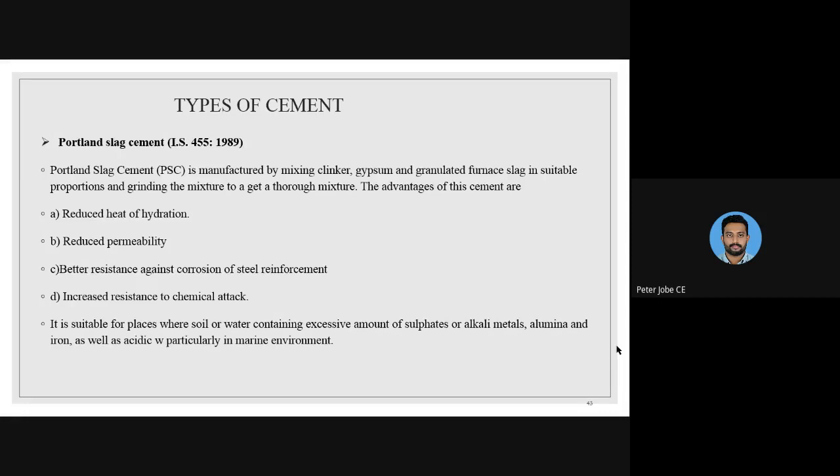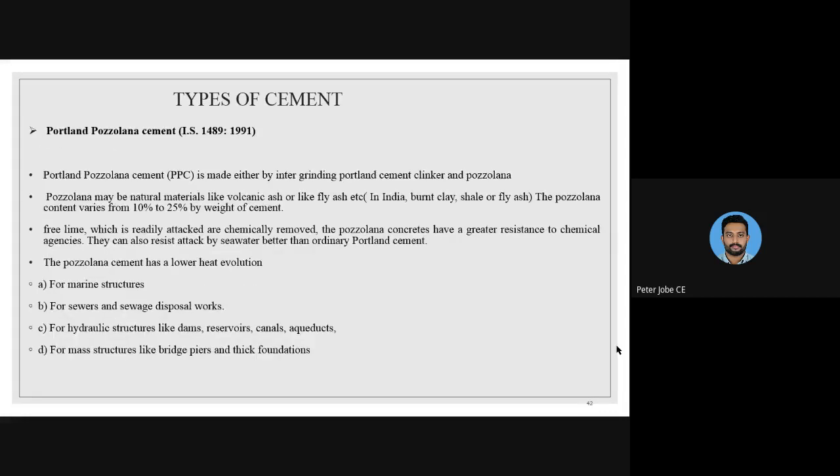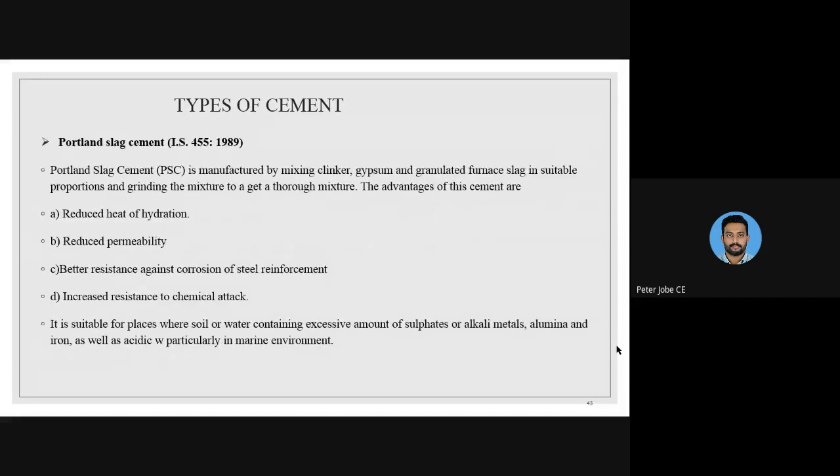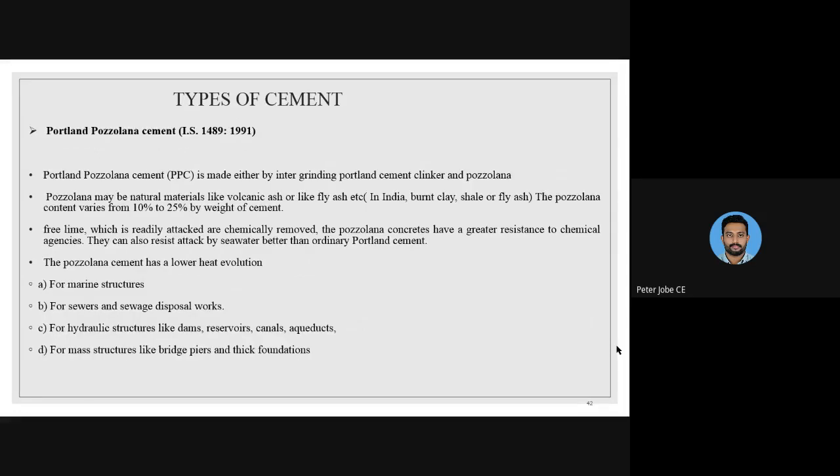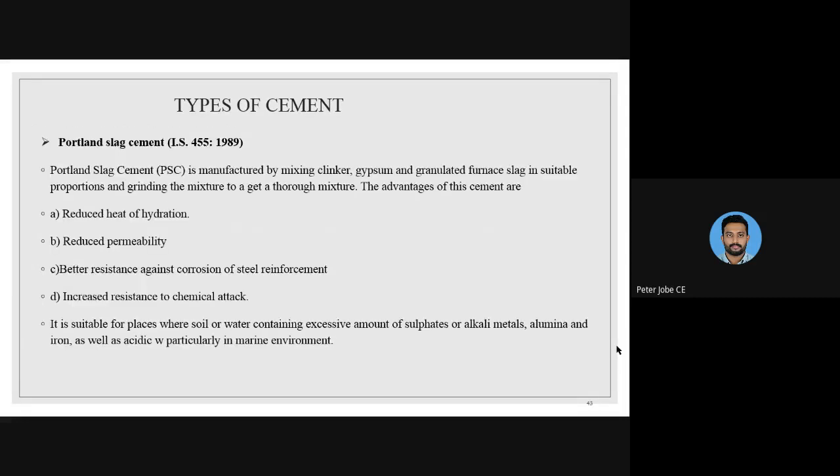Basically, the properties are similar to Portland pozzolana cement. Portland slag cement is also produced, but the amount produced is less compared with Portland pozzolana cement, because fly ash is available in abundance, but blast furnace slag is not that available.